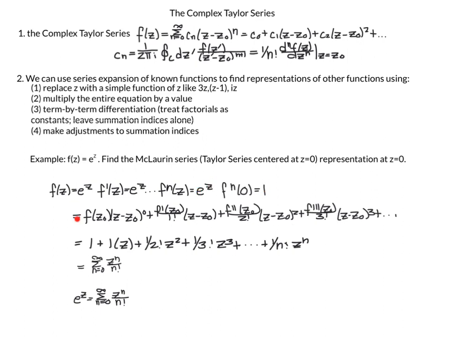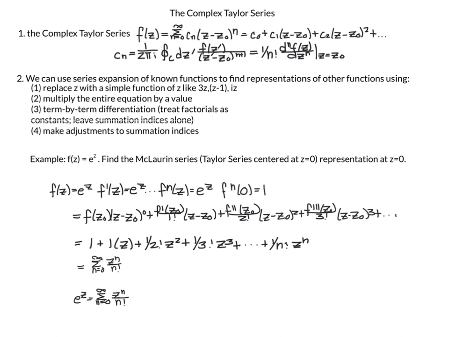So now our Taylor series expansion, we have 1 over 0 factorial, and then our 0th derivative is just our function evaluated at z naught, plus our 1 over 1 factorial f prime at z naught times z minus z naught. And then f double prime of z naught over 2 factorial z minus z naught squared, f triple prime z naught over 3 factorial z minus z naught cubed.